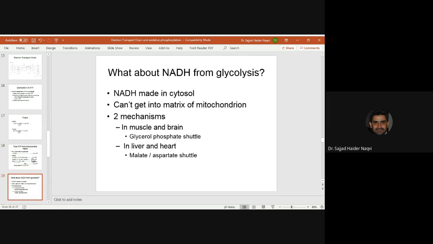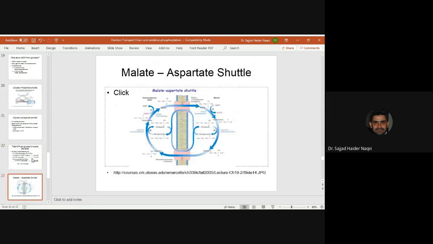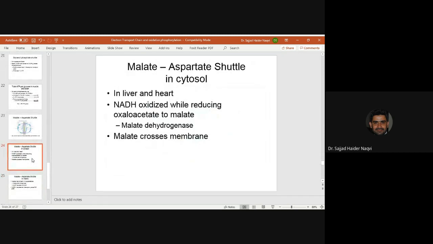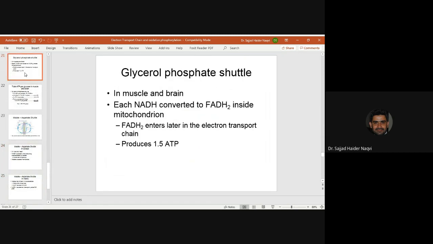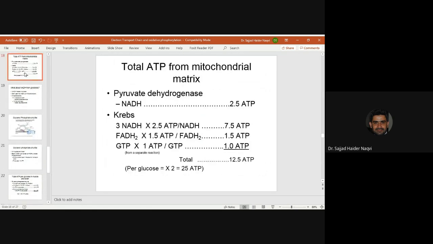I'm not going into further detail. I'll stop here. These slides are not related to you, so I'm not going to discuss them. But I'll be finishing at this point, where you have just an idea of how ATPs are produced and a little bit about the calculation of how much total ATP is produced from one molecule of glucose. You must go through this calculation that one molecule of glucose gives you about 25 ATPs.